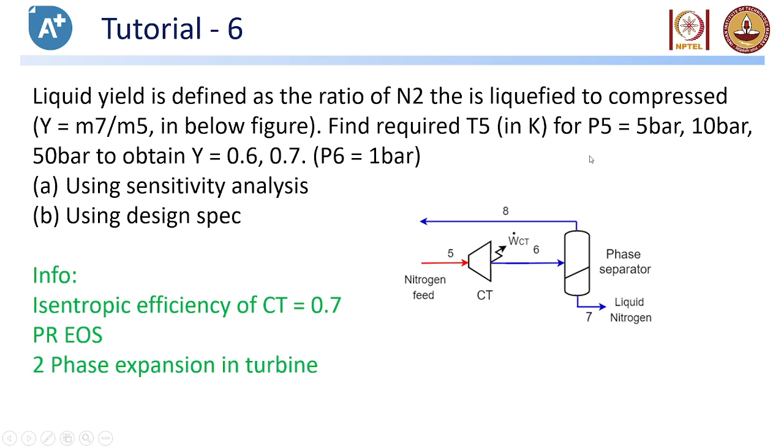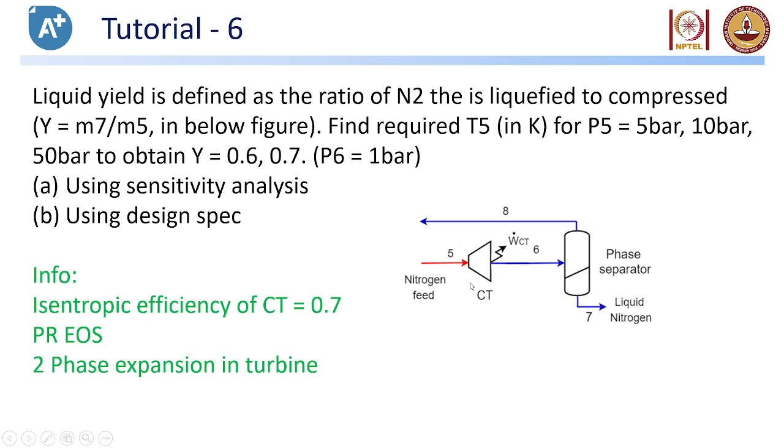Now I want you to construct a flow sheet where you have a turbine and a phase separator. To the turbine, you have nitrogen with a flow rate of 1 kg per second, at 5 bar. It is expanded through a turbine.